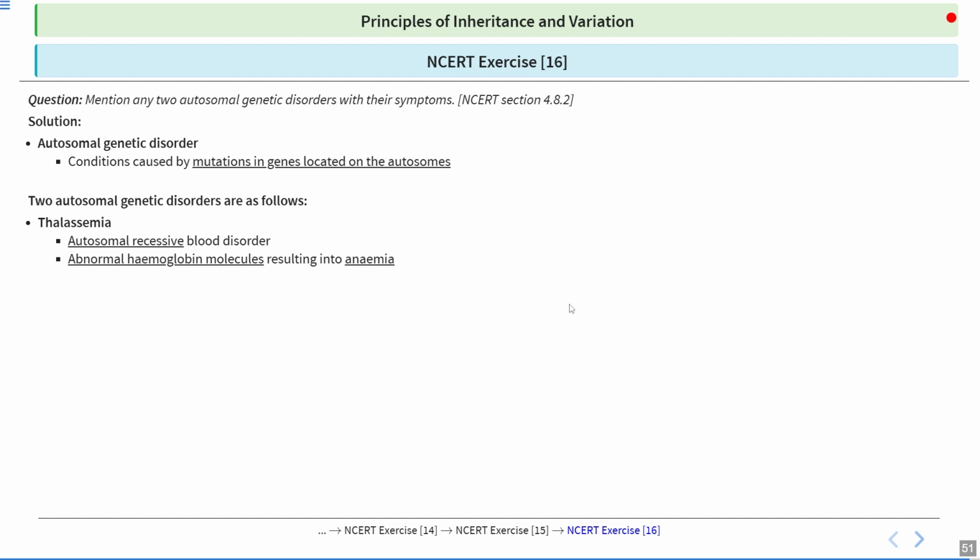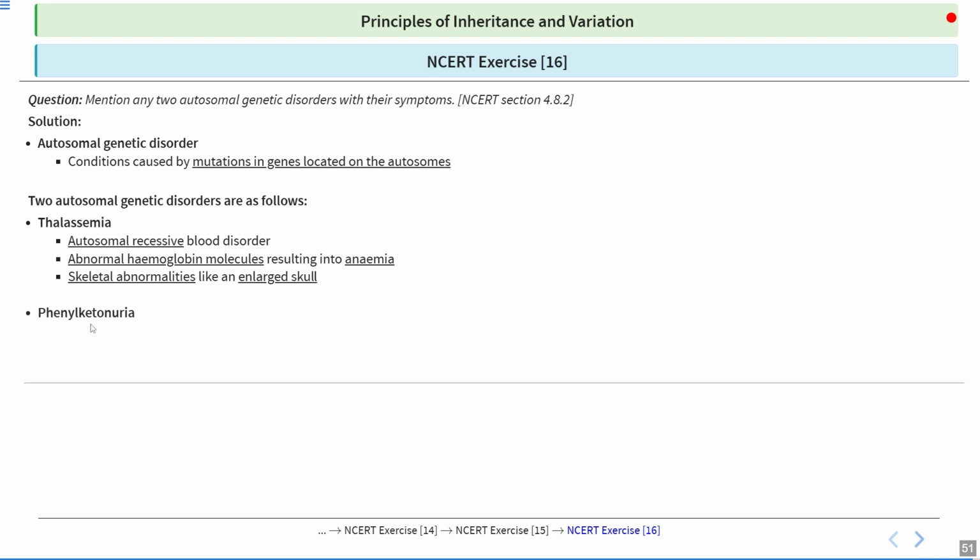In beta thalassemia, there is a reduction in the production of beta globin chains. That's why it is a quantitative disorder. Here, less amount of globin chains are being produced, and due to this, the person suffers with anemia. Some other abnormalities can also occur.